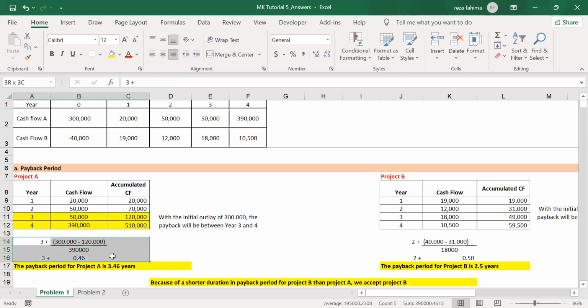So the next step, I'll mark this, is to use this formula. After you find your 300,000 is in between the cash flow of year 3 and year 4, write down the earlier year, which is the third year.